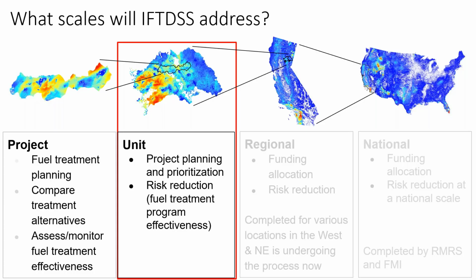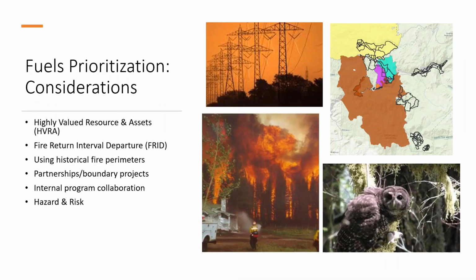So you've seen this slide from Chris's presentation, the scales that IFTDSS addresses. And for this example, I'm going to focus on the unit level, which is best for project planning, prioritization, and risk reduction. Some of you may have used or created fuels prioritization models and know that there are many variables to consider.